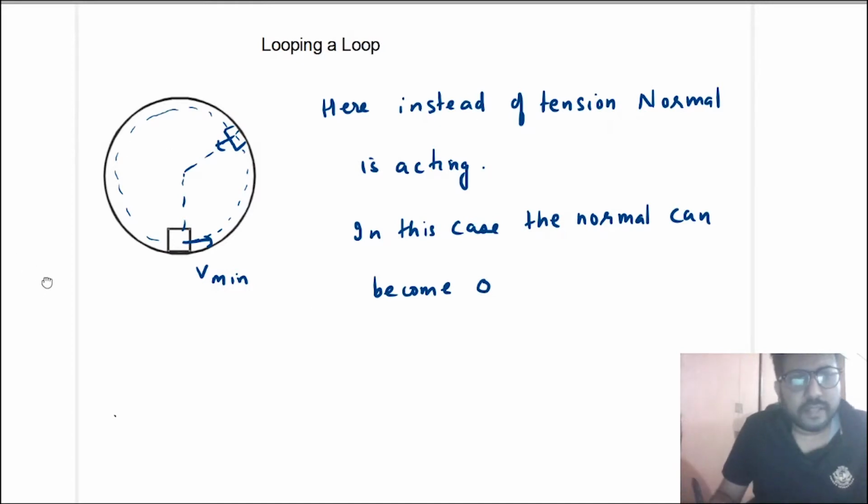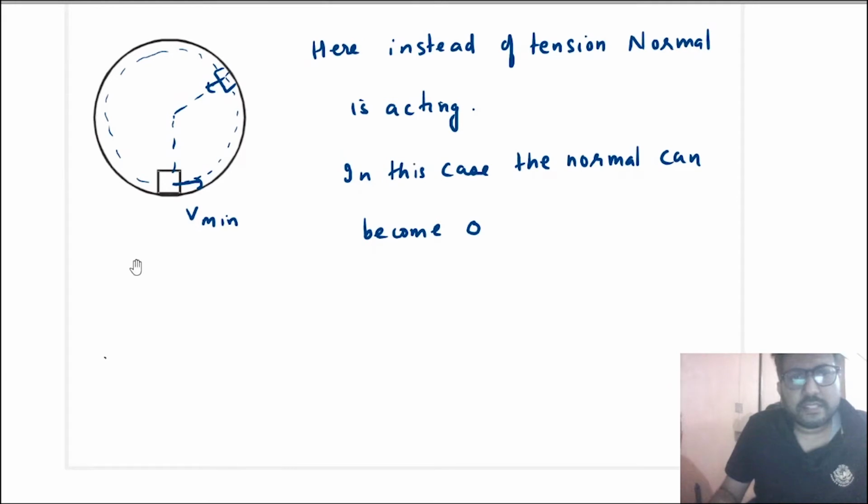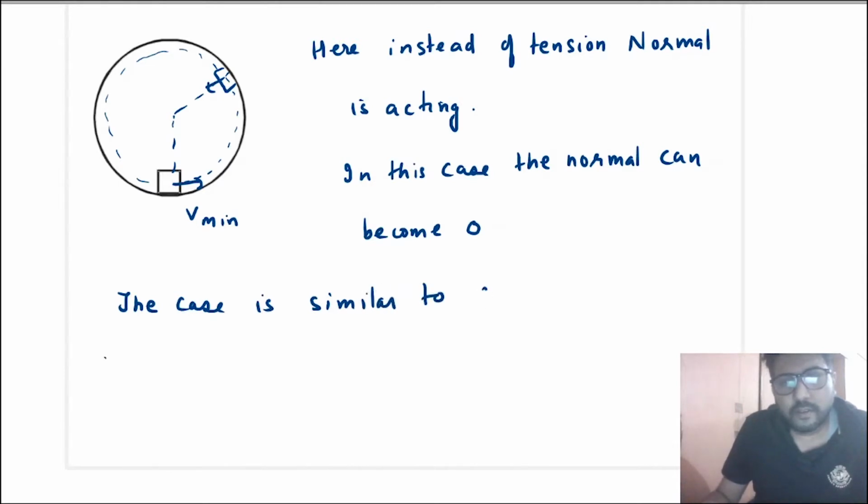If you look carefully, you will see that the situation is similar to the string, except in this case there is normal, in string there was tension. This case is similar to vertical circular motion of a ball tied to a string.